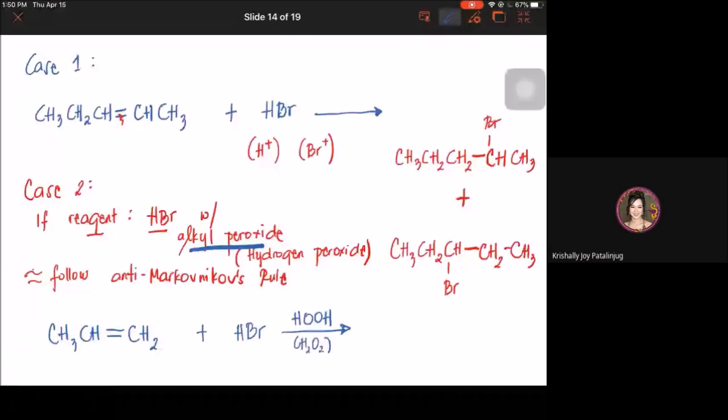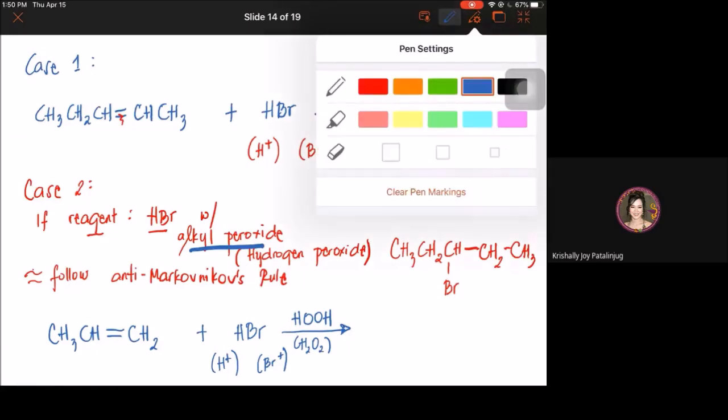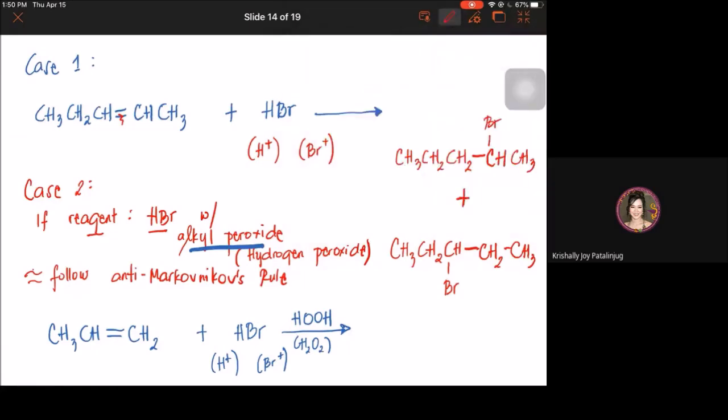Parera na siya. So again, ang atong electrophile nga ma-produce ani is H plus and Br plus. But since the reaction here, upon addition of hydrogen bromide, na ay presence of alkyl peroxide, yung gagawin ni alkyl peroxide, iyang i-counteract ang selectivity ng electrophile being added. So anti-Markovnikov's rule.